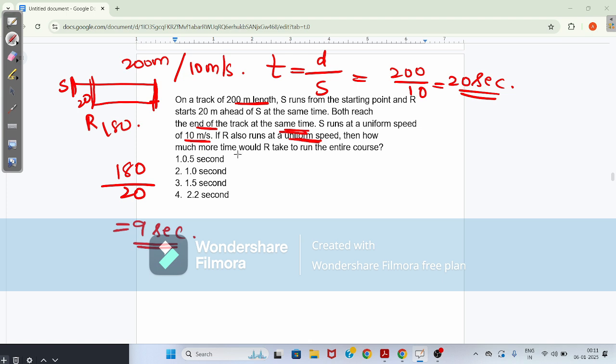Then how much more time would R need to run the entire course, meaning the time required for R to cover the remaining 20 meters? So you divide 20 by 9, that equals 2.2 seconds. So R needs 2.2 seconds more, and that is the fourth option.